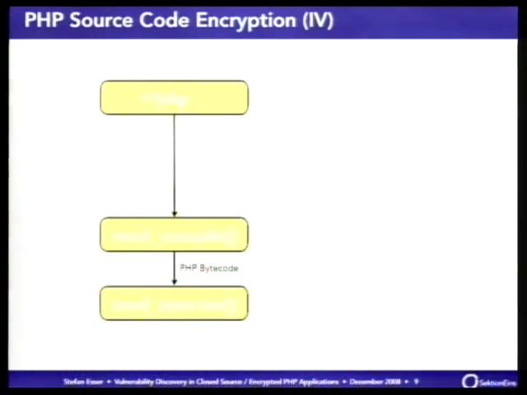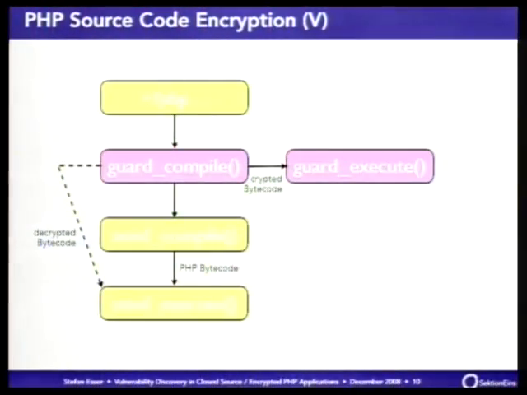I have some pictures. Normally you have the PHP source code, which is green, and this gets passed to the compile function. The compile function will first tokenize it, then compile it, and the result is some kind of PHP bytecode, which is then passed to the execute function that executes the bytecode. So what happens when we load the SendGuard or the optimizer?